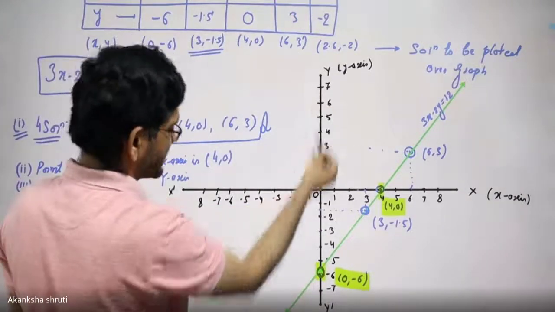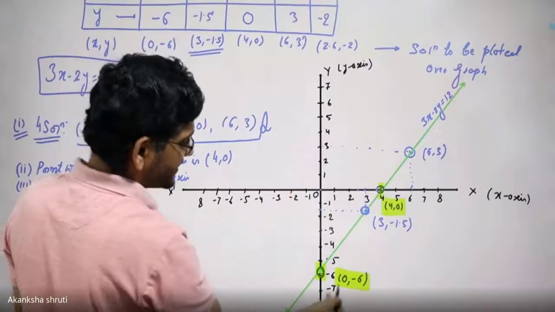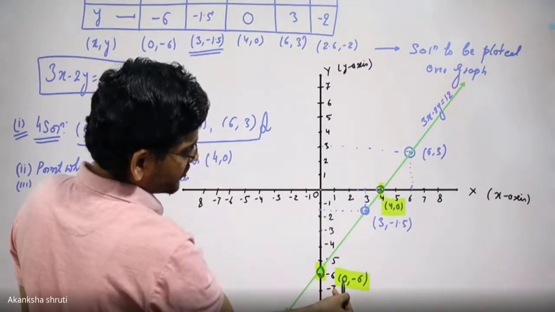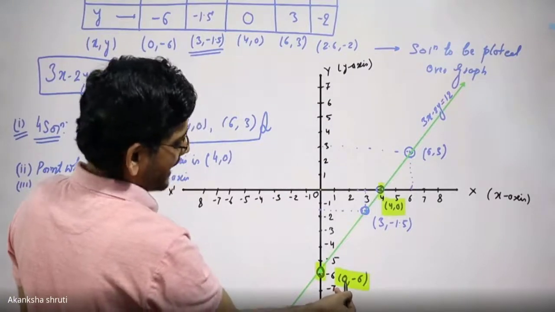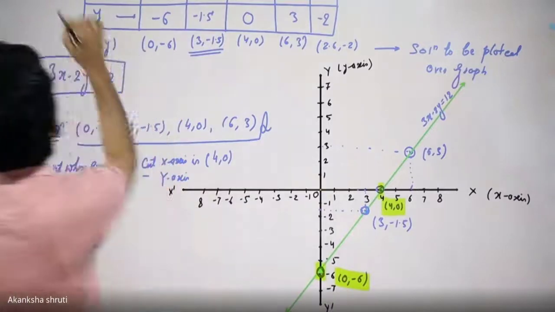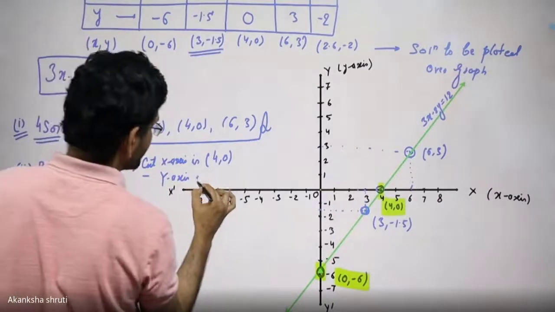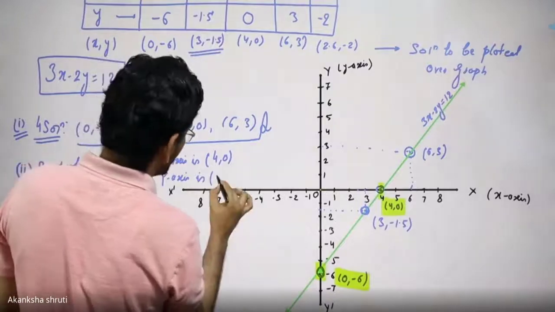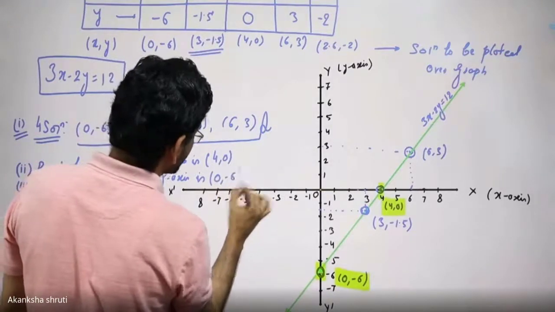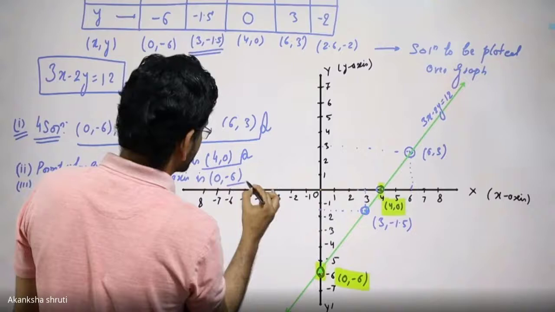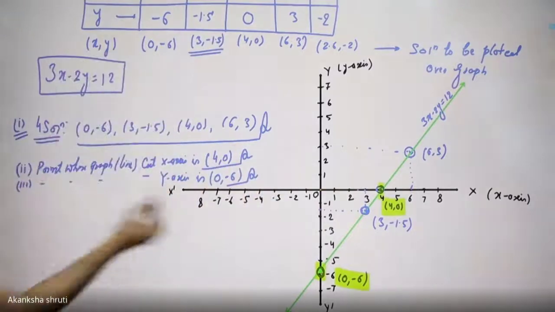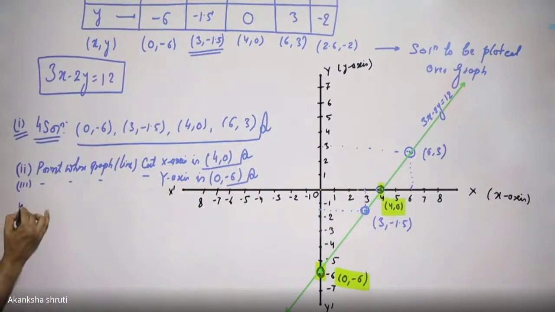We have also learned that for a point on the y-axis, the x coordinate or abscissa is 0. So it is (0, -6). This is the answer for the third part. So even from this graph, we are able to get all these things.